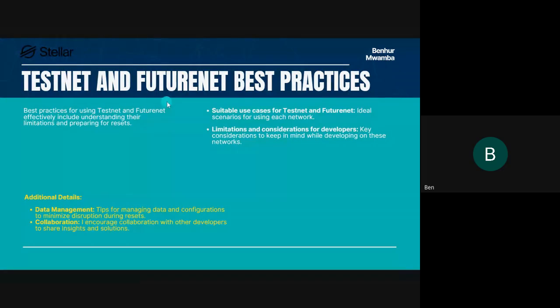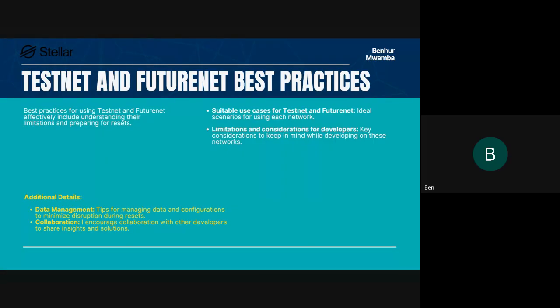Okay, testnet and futurenet best practices. The best practices for using testnet and futurenet effectively include understanding limitations and preparing for resets. This is a question for everyone here.